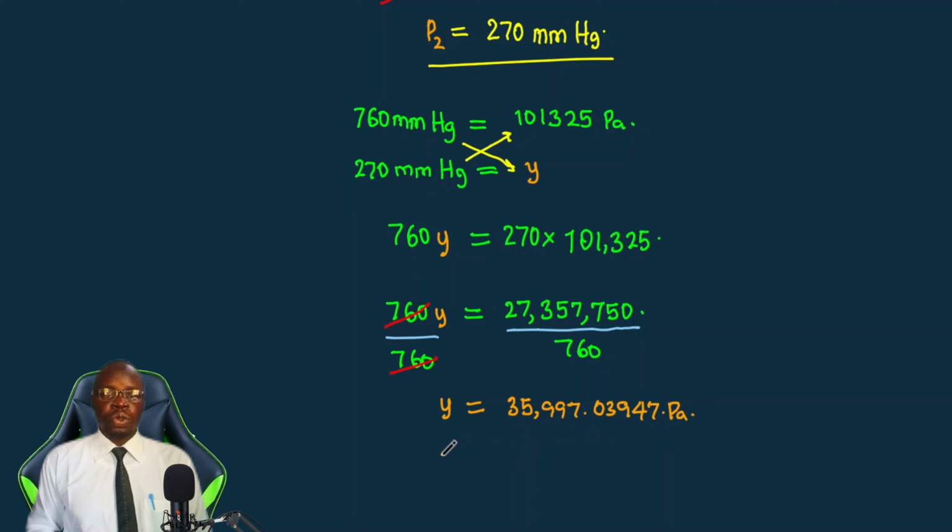So our pressure 2 therefore becomes, in scientific notation, we have to move this dot to the last digit here. So 1, 2, 3, 4.